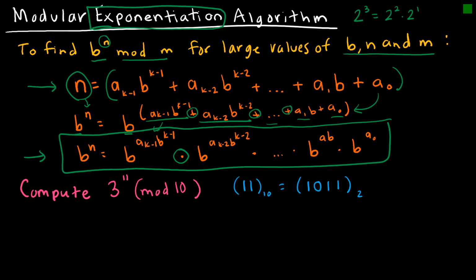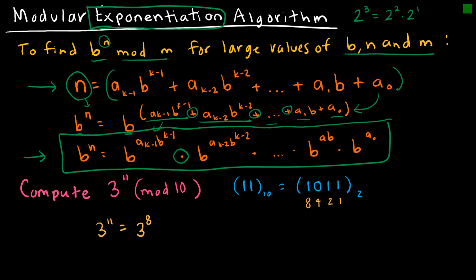So here's my exponent, now written in binary. What this algorithm tells us to do is, and again I'm going to reiterate, remember that in binary 2 to the 0 is 1, 2 to the 1 is 2, 2 to the second power is 4, and 2 to the third is 8. So essentially I'm going to take 3 to the 8th.